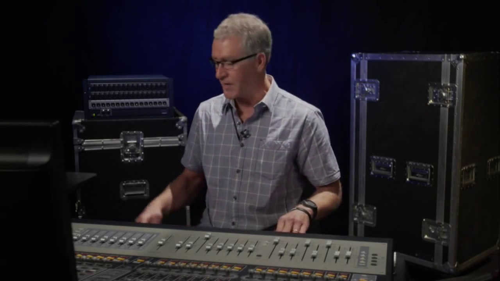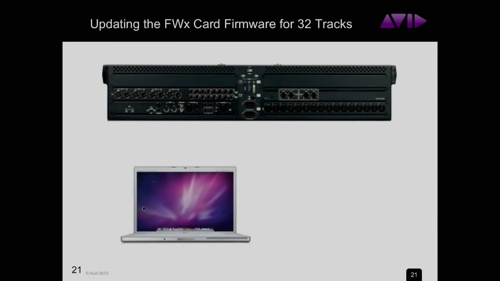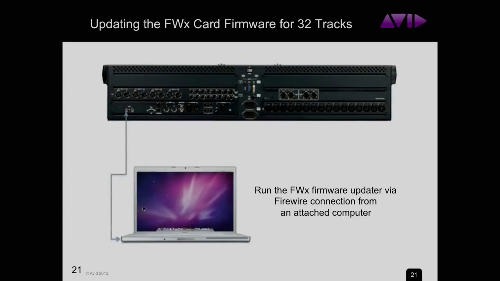Let's go back to PowerPoint, Gabe, and I'll show them this. So the way this has to happen is the drivers actually have to exist on your connected computer. This can either be a Mac or a PC laptop or tower, but you're going to connect that computer to the SC48 via FireWire, and then you're going to initiate this firmware upgrade from the computer itself.